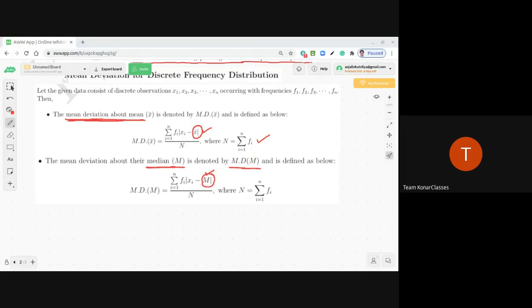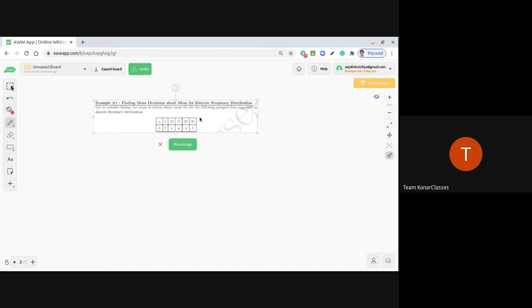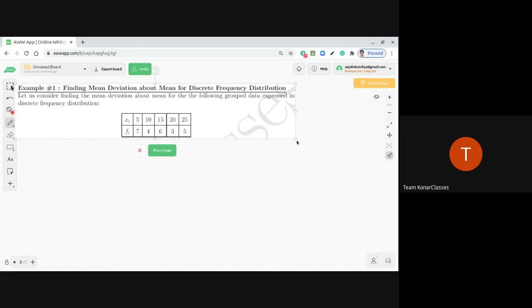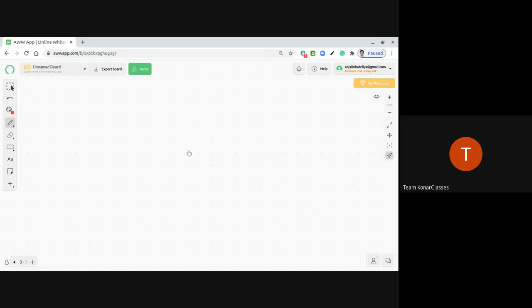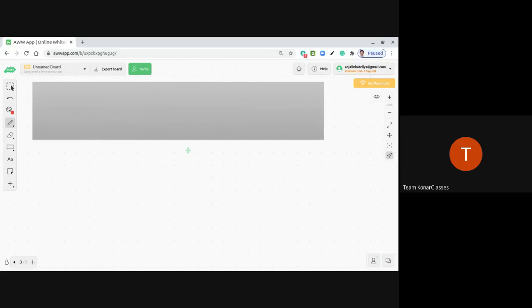Let me take you to the next page and explain this. For the discrete frequency distribution, this is how it is described, dear students.